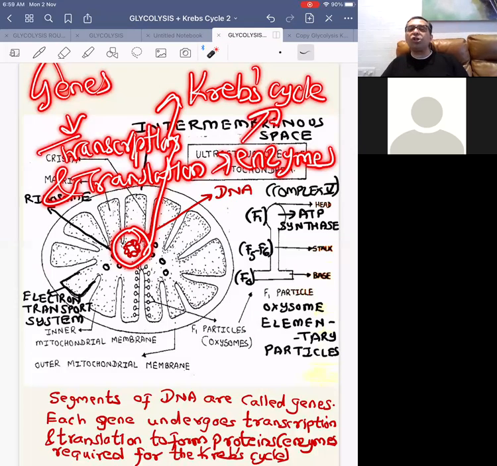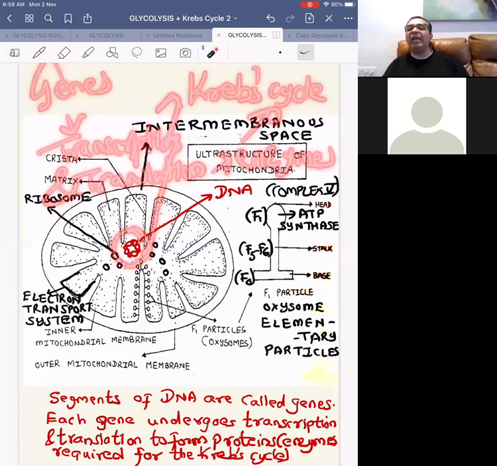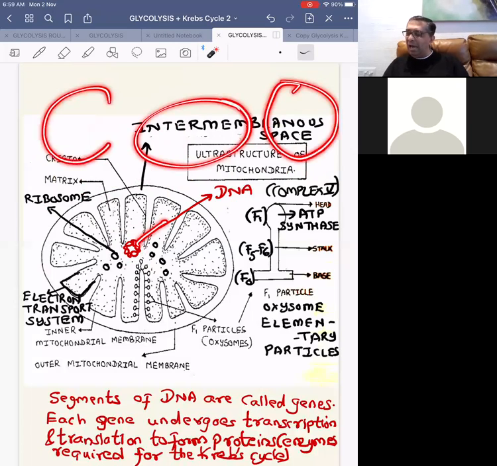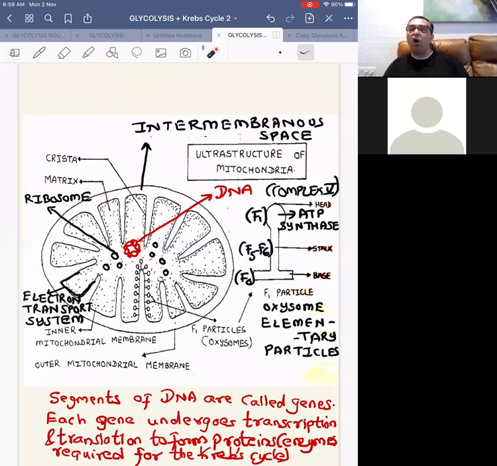So that is the function of the DNA inside the mitochondria. It helps the mitochondria to undergo replication, and the genes form enzymes which are required for Krebs cycle.